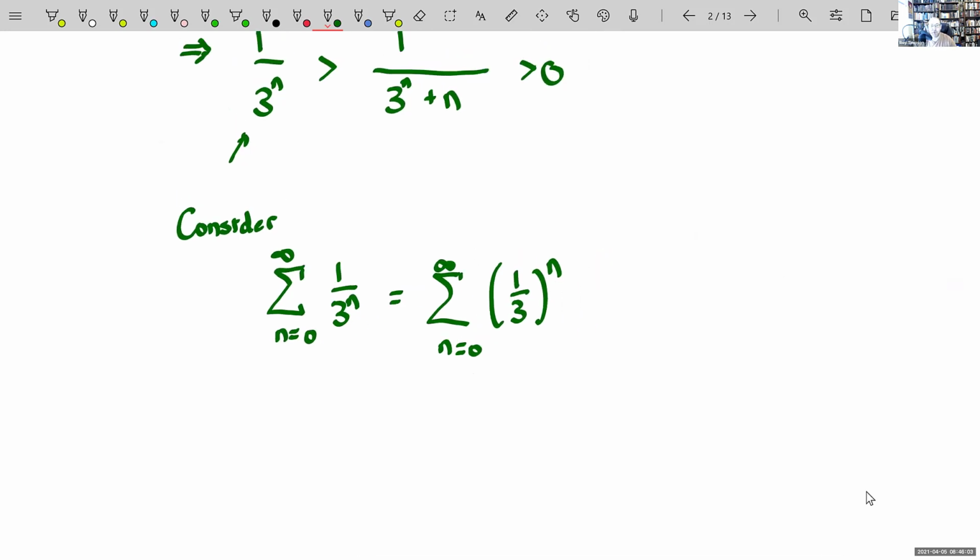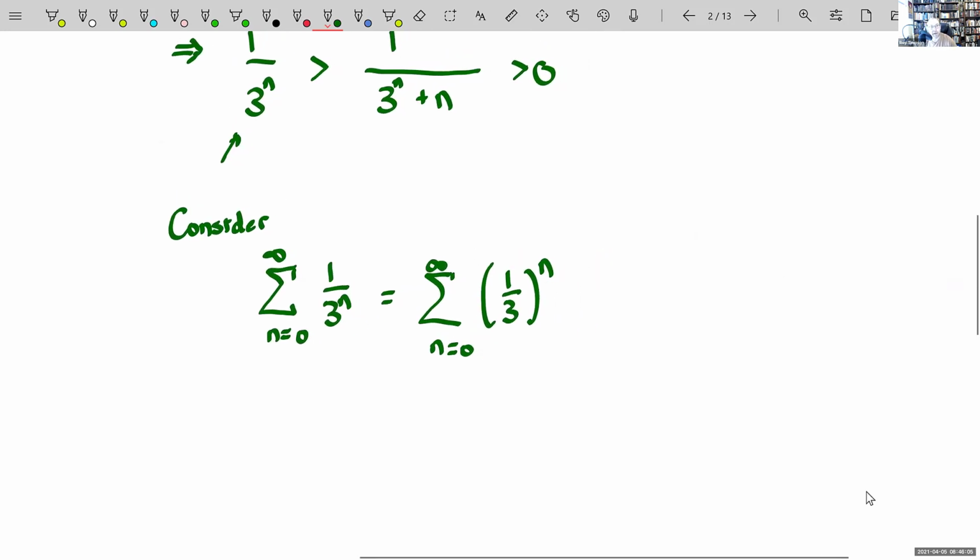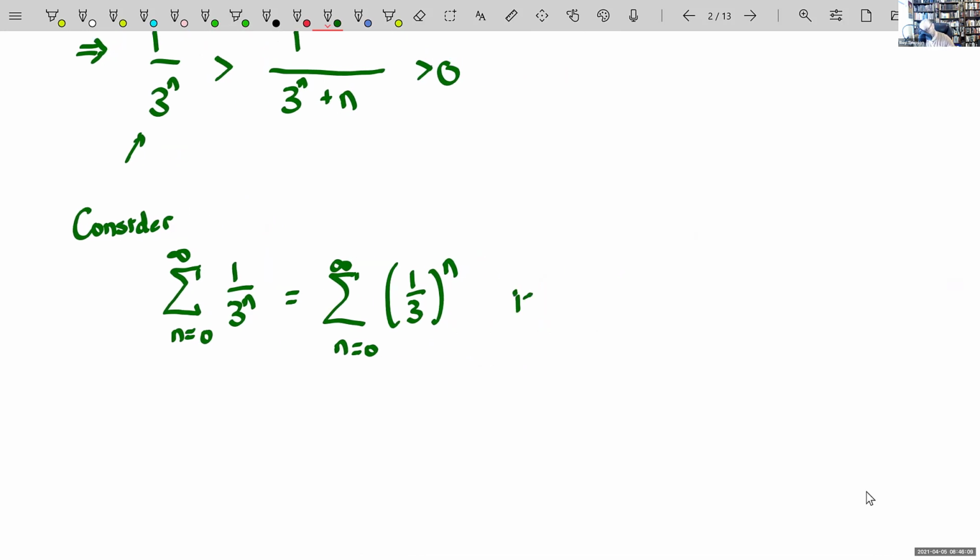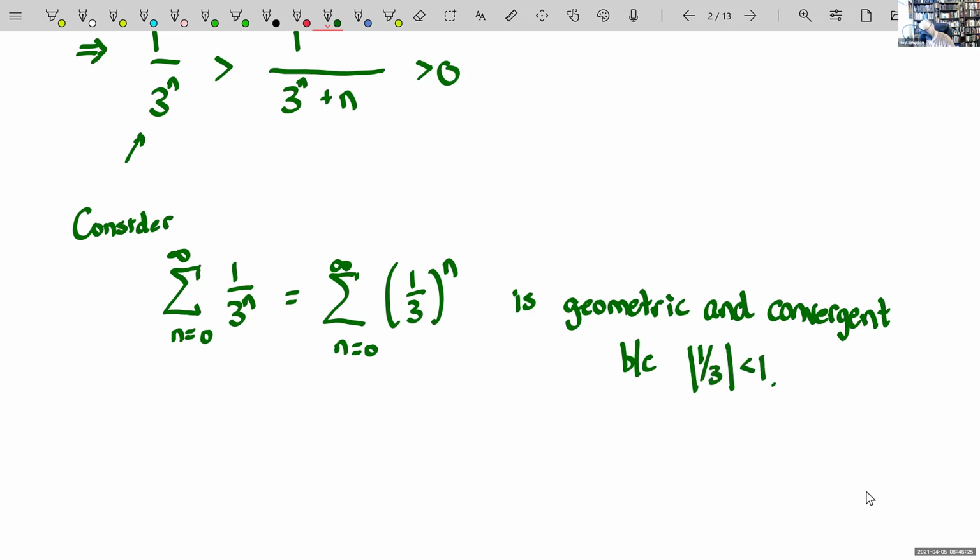That is geometric with a common ratio in magnitude less than 1. So I'll say it's geometric and convergent because 1/3, the absolute value of it, is less than 1. So we know that the series we're comparing to is going to converge.